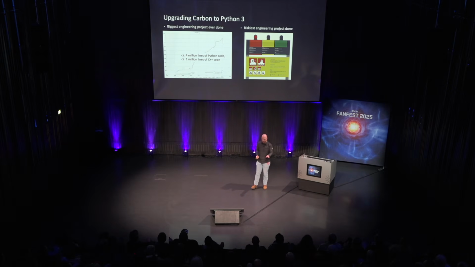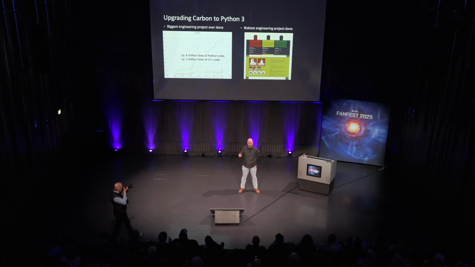Just don't go into the water, that's dangerous. When the weather is not so good, the yellow warning light comes on, and there are some areas where you shouldn't go. And when the red light is on, then sometimes you can't even park your car there, because the car park might be flooded. And in this case, this project, upgrading Carbon to Python 3, was definitely in the ballpark of a red warning light.